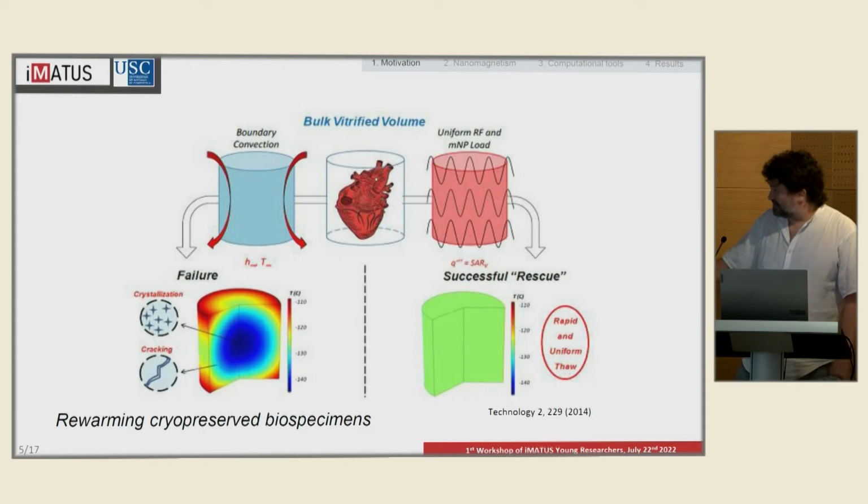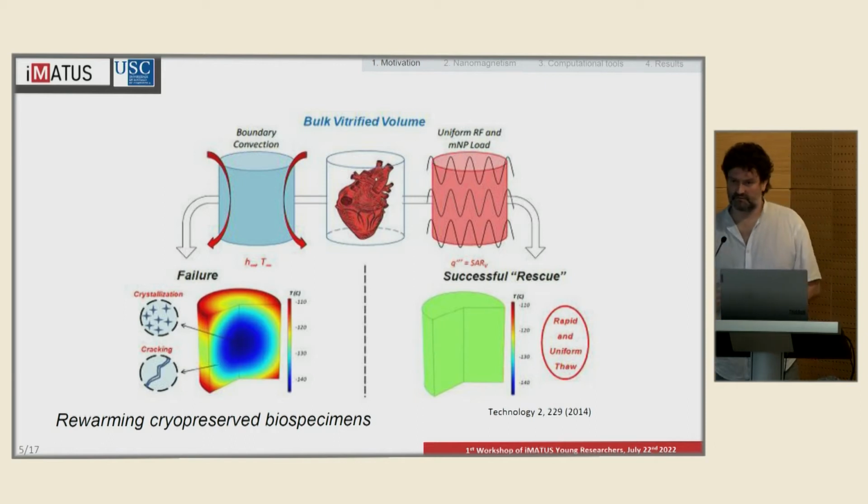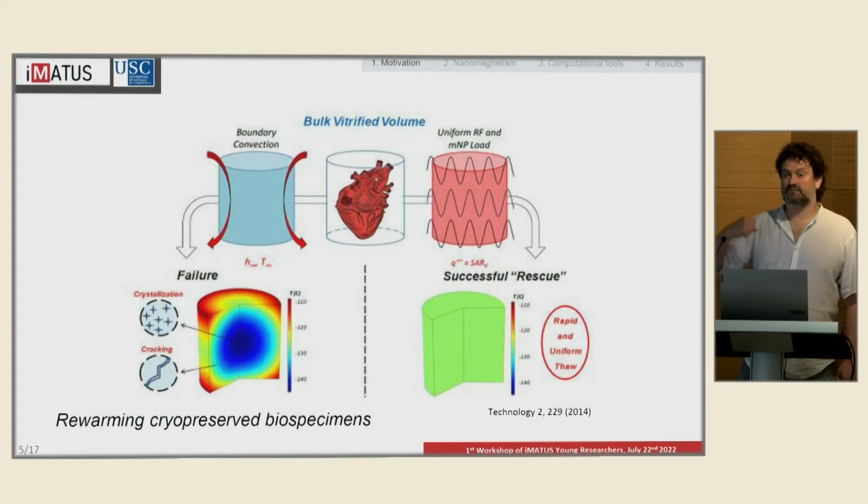But of course, there are some other applications, like rewarming of cryopreserved biospecimens, because that is something needed when you have to make a transplant. You cool the sample, but warming it to room temperature is complicated if you do it from the outside.